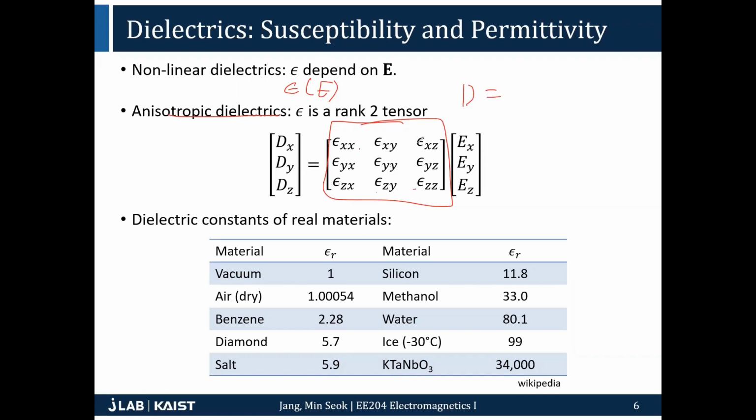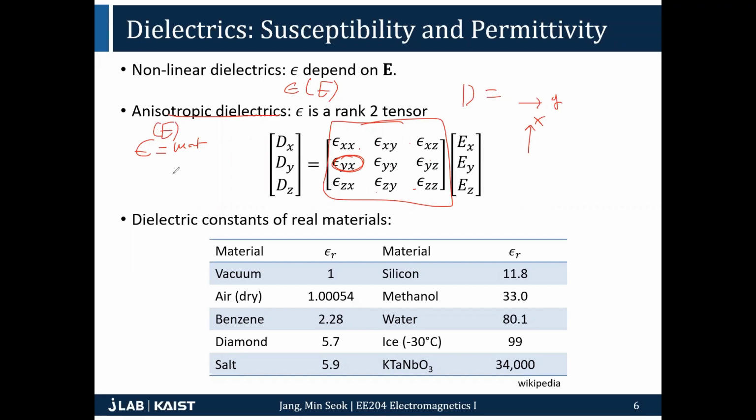Something like this is possible: if you apply the electric field in the X direction, polarization can happen in the Y direction, right? That's associated with the X to Y component, so this term is non-zero in this case. So in general, to deal with dielectric permittivity in a proper manner, you need to consider epsilon as a matrix, and each component of the matrix should depend on the electric field intensity.